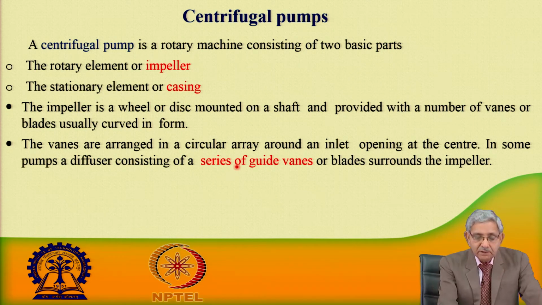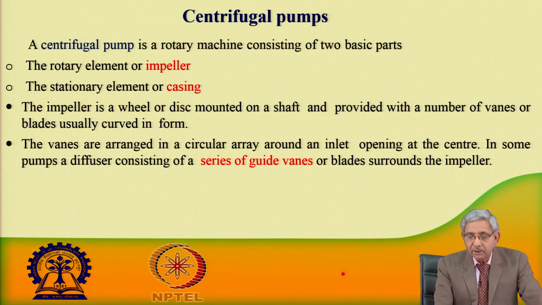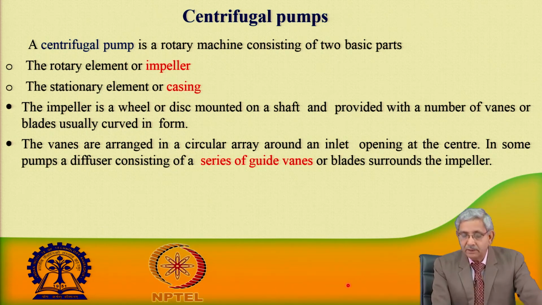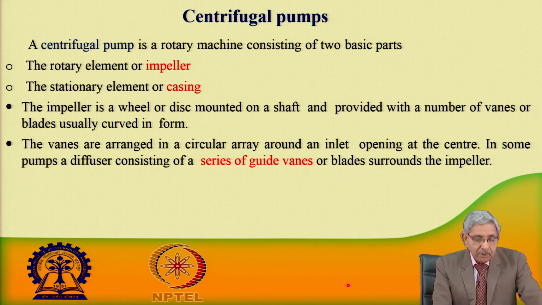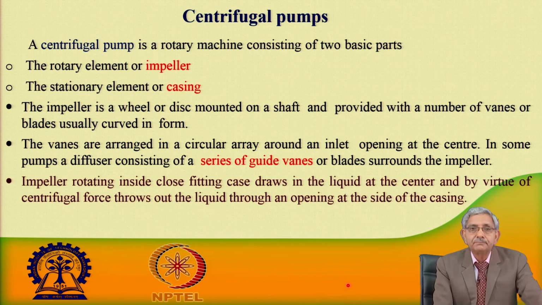Vanes are arranged in a circular array around the inlet opening at the center. In some pumps, a diffuser consisting of a series of guide vanes or blades surrounds the impeller.